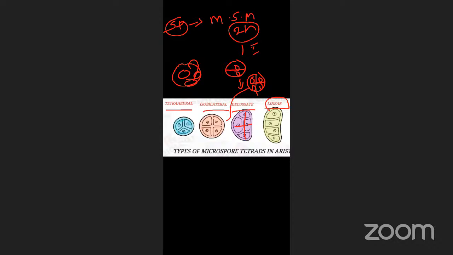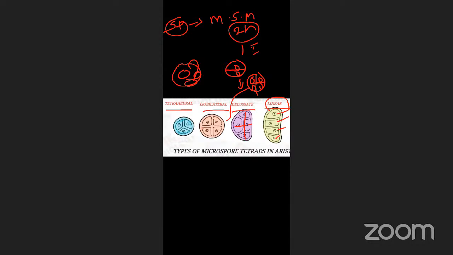So that is called decussate manner. Another one is linear type. In linear type, all four pollen grains are arranged in a single line. So this is called linear type. Anyway, one is the formation type, successive or simultaneous, and the arrangement of pollen grains we also discussed. Right? Is it clear?